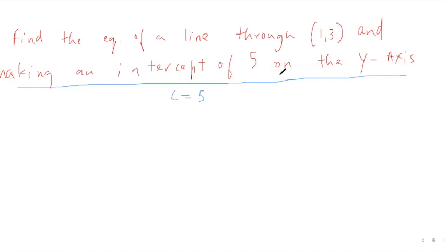Making an intercept of 5 on the y-axis, so basically the y-intercept is 5. This point is 5. That's what it means. This is the y-axis, right? So c is equal to 5.